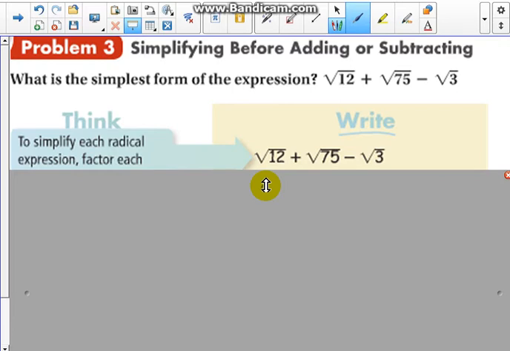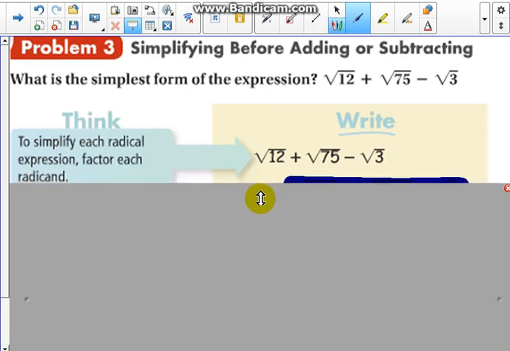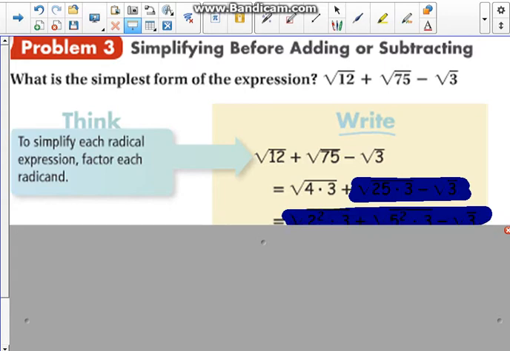So what we need to do is put these in terms of like radicands if we can. So that means we have to start taking out things. These are square roots, so we need to get things in squares of 2 if possible. So 12 is what? 4 times 3, and we know that 4 is 2 squared, right?